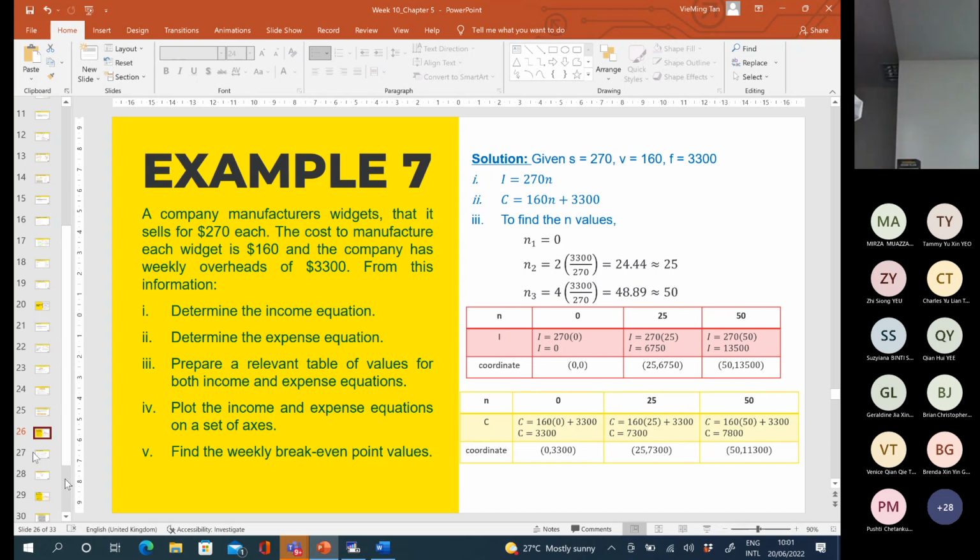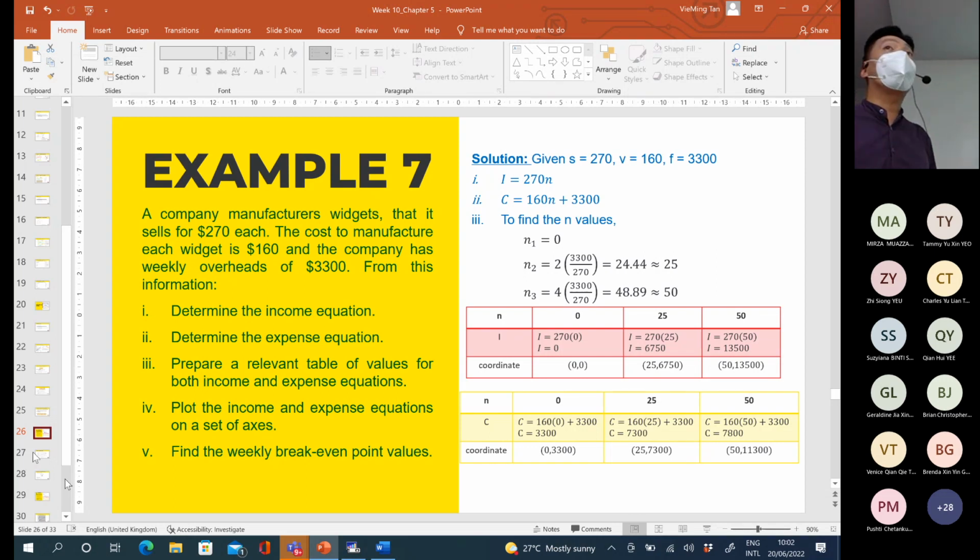Now, from the information given, part one, we have to determine the income equation. What formula do I use to identify the income equation?